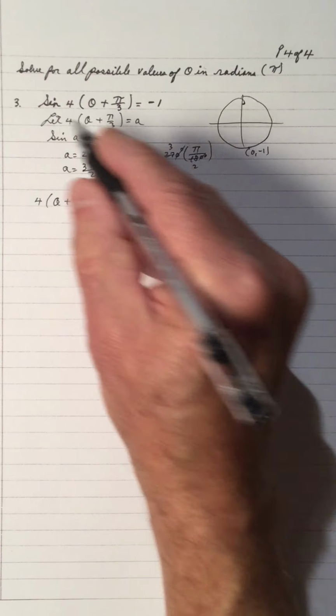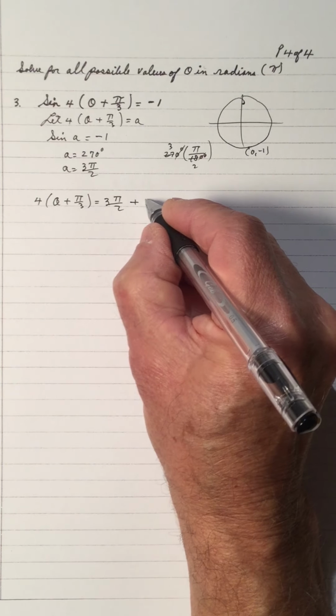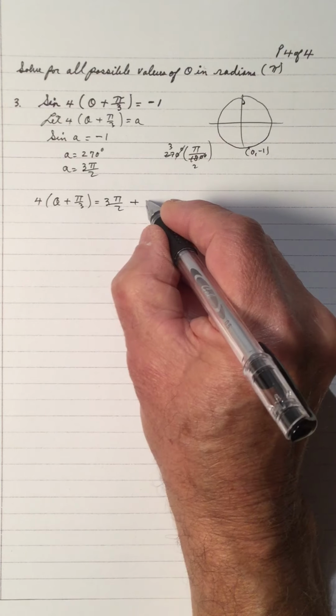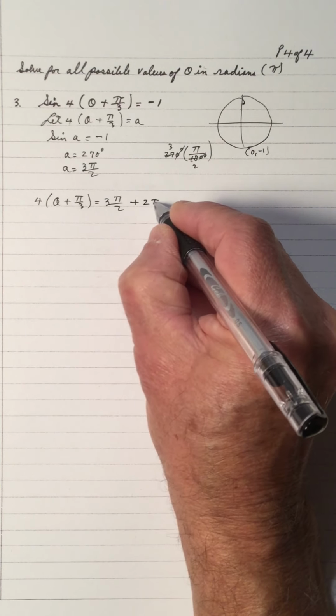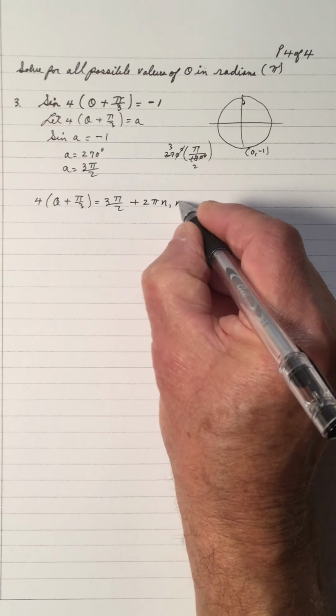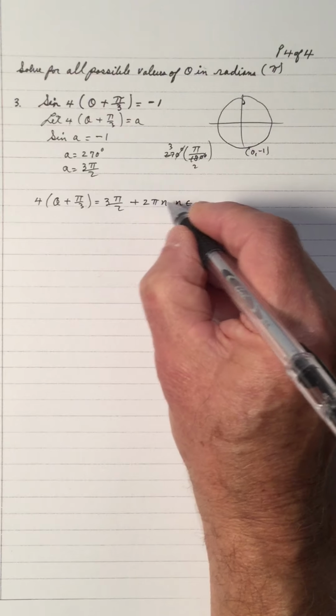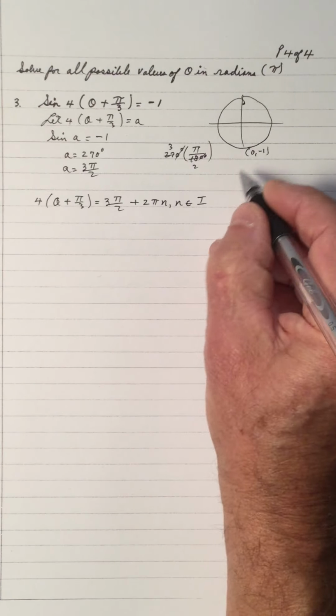And again, sine has a 360 degree period, but since it's in terms of radians, 360 degrees is 2 pi n. So instead of 360n in degrees, it is 2 pi n in terms of radians.